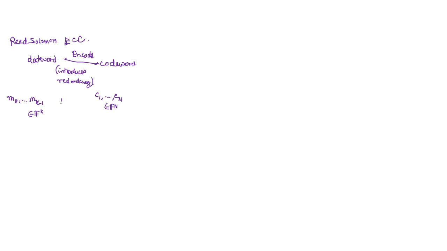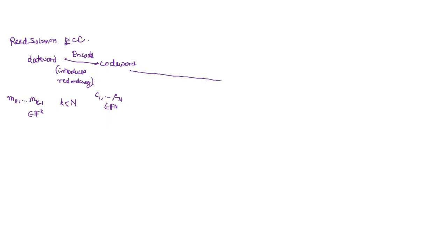So of course k is less than n, so a smaller number of elements are mapped to a larger number by the introduction of some redundancy through the encoding mechanism.